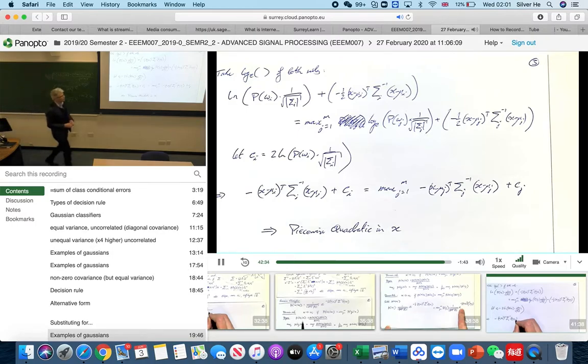So depending on which of these max values kicks in, it's made up out of quadratic curves. Can someone give me some ideas of some quadratic curves that you know? Parabola, yeah. Ellipse, circles, straight lines. So these are the sorts of things that will make up the decision boundaries.